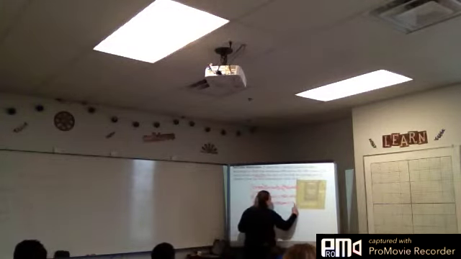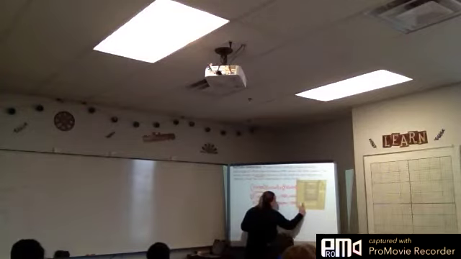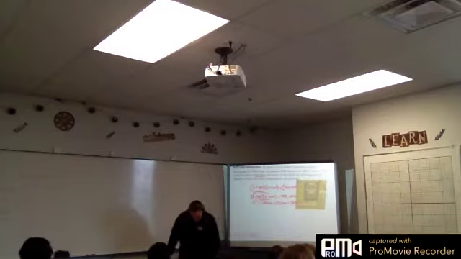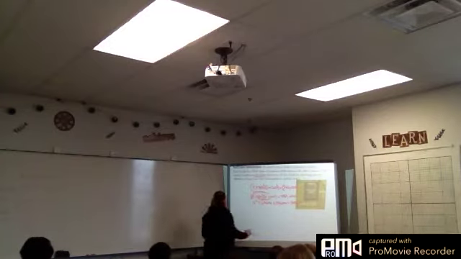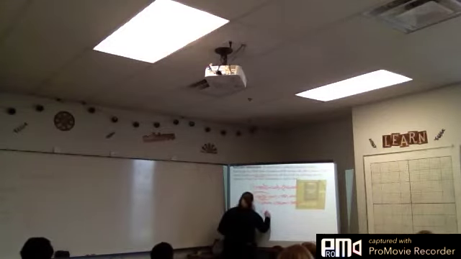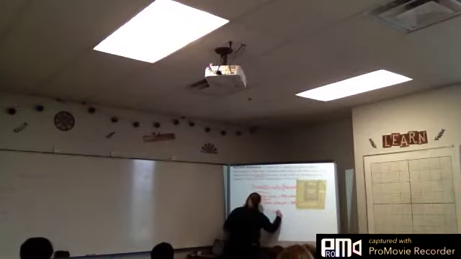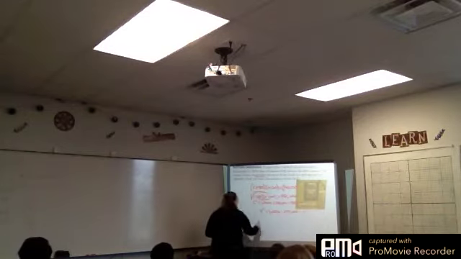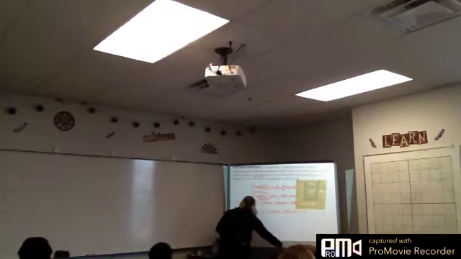Equals 480,000, correct? Okay, so then from there, I would subtract 480,000. So you would get X squared plus 1,000X minus 240,000 equals 0. Now I need to factor.